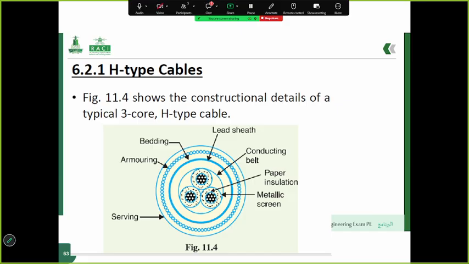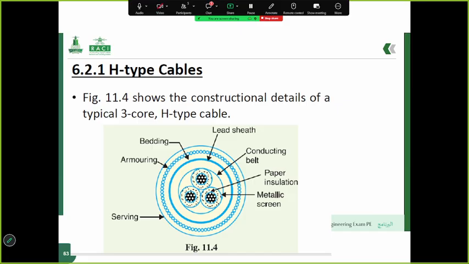Looking at the H-type cable structure, starting from the inside, each of the three conductors is insulated with paper insulation, and then individually covered with a metallic screen.